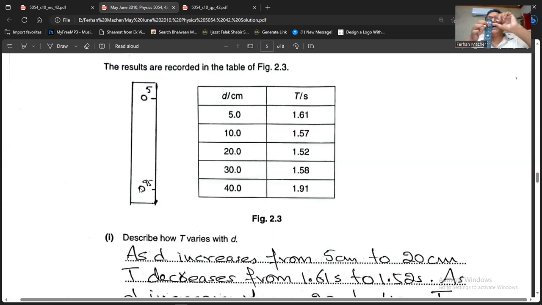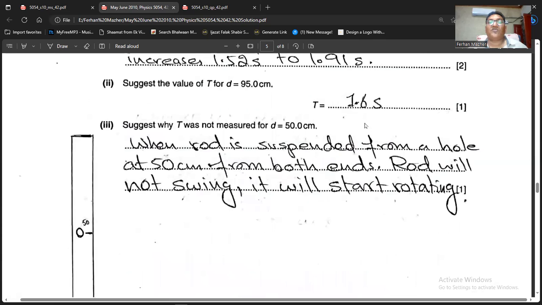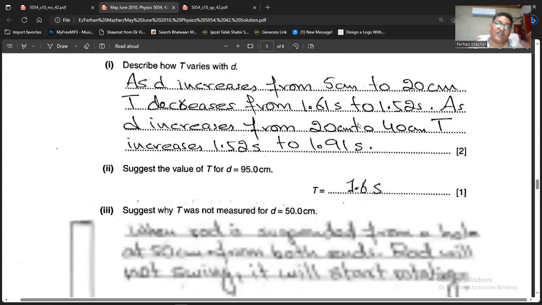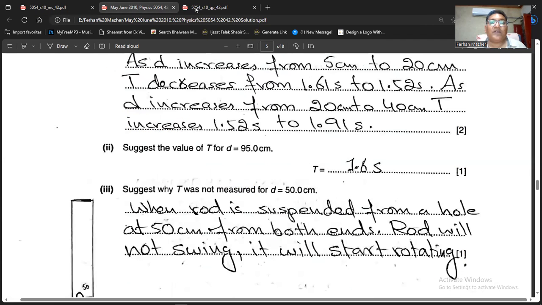So this will become 5. So 95 as D will have the same time period as the 5. So it will be 1.61 seconds.